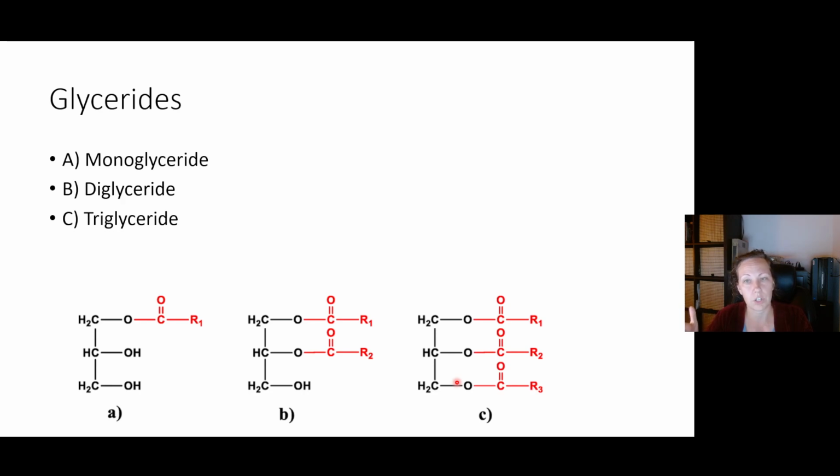We said lipids are generally not soluble in water, but these actually are somewhat soluble in water because of these hydroxyl groups. They are also soluble in oil because they still have these non-polar parts on the fatty acid end, the carbon chains of the fatty acid, as well as on the glycerol.